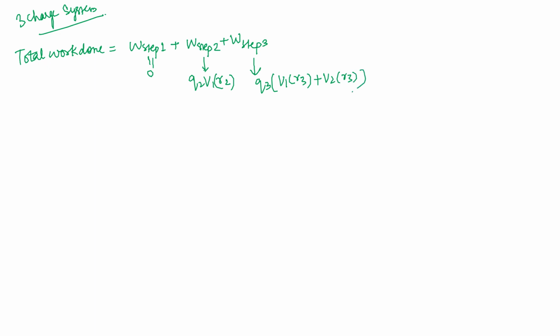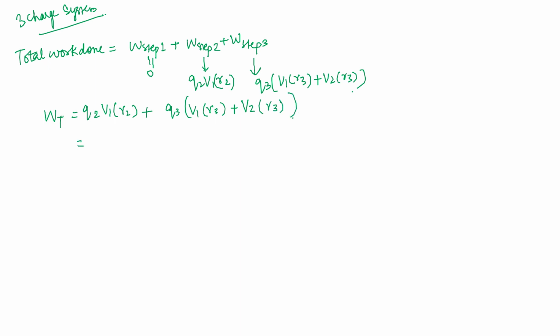So the total work comes about WT equals Q2 V1 at R2 plus Q3 into V1 at R3 plus V2 at R3.